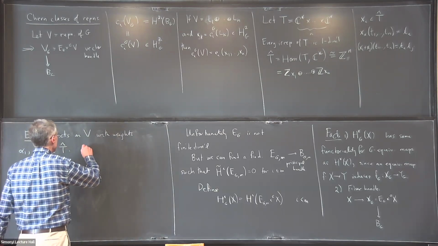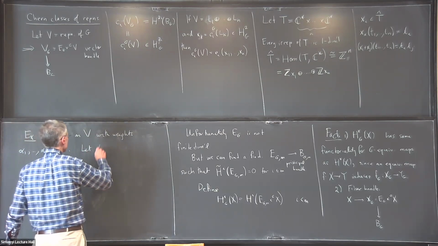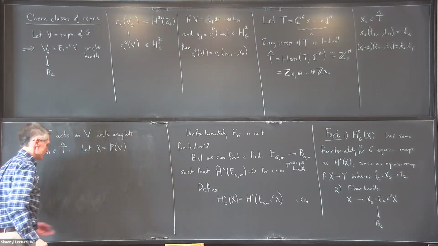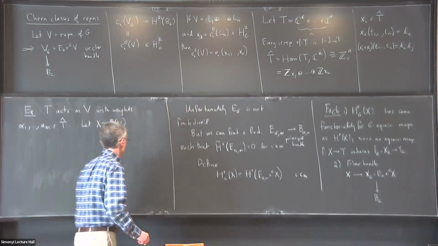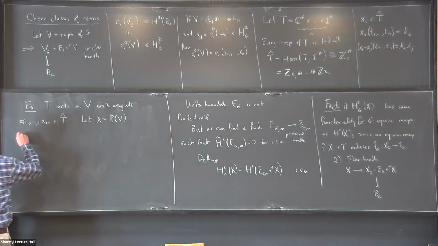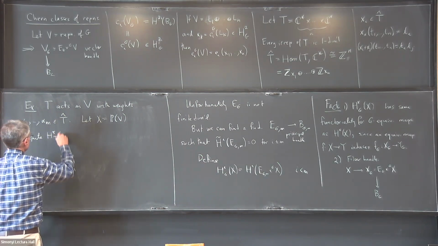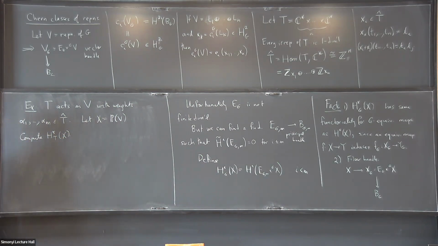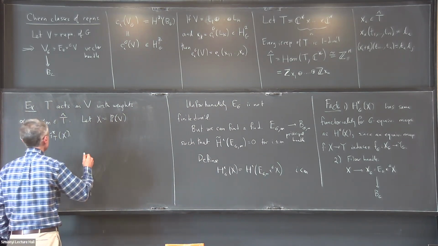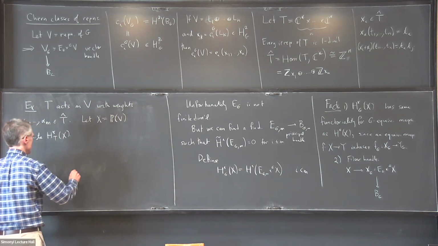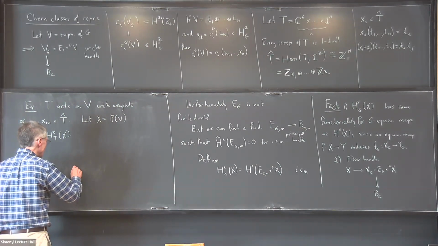So let's let X be equal to P of V. And I want to compute H star T of X. Well, in this case, I just have to go back to my space here. So let's just say I have BT.